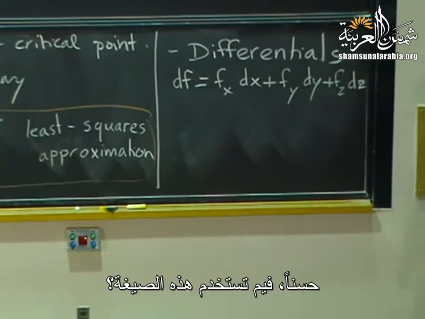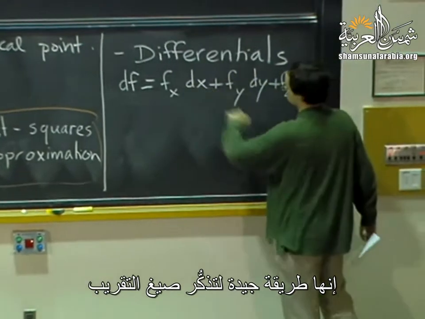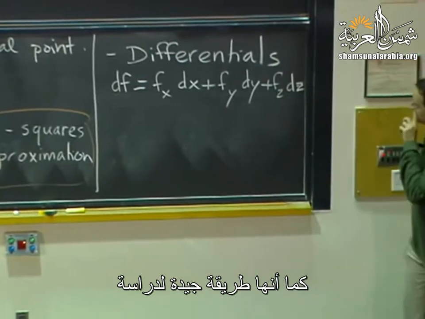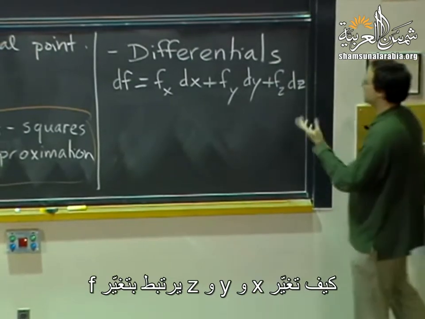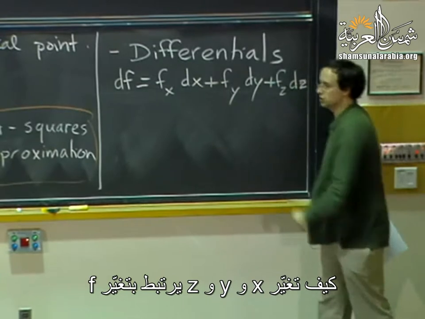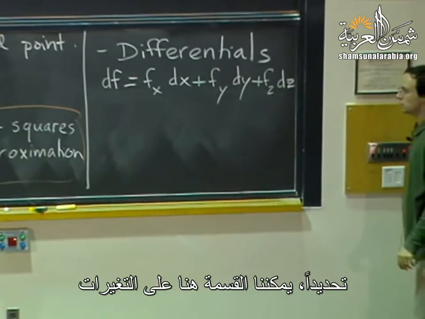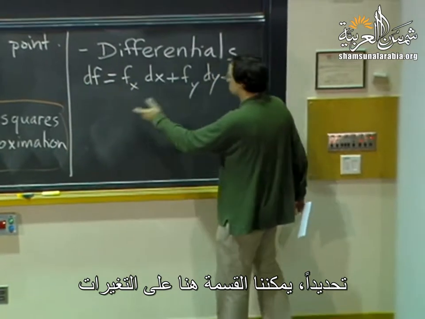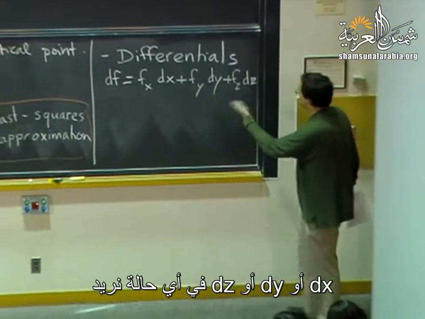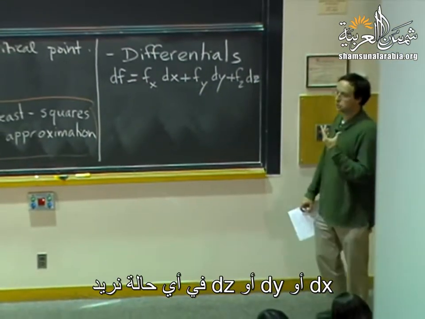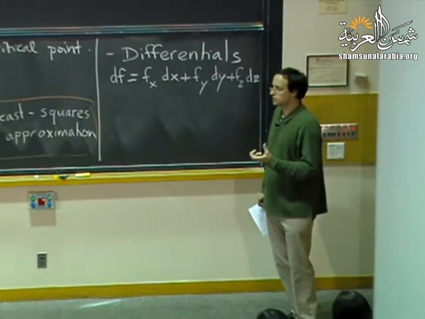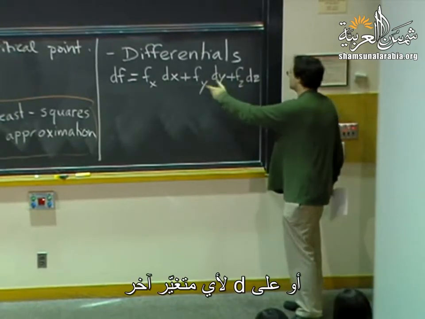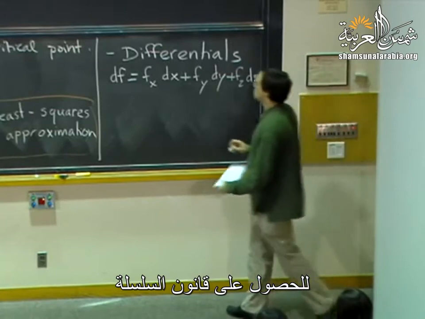Now, what is this good for? Well, it's a good way to remember approximation formulas. It's a good way to also study how variations in x, y, z relate to variations in f. In particular, we can divide this by variations actually by dx or by dy or by dz in any situation that we want to find, or by d of some other variable, to get chain rules.